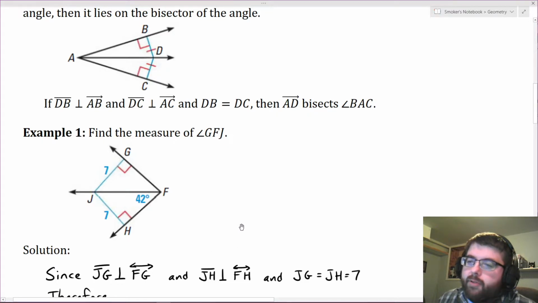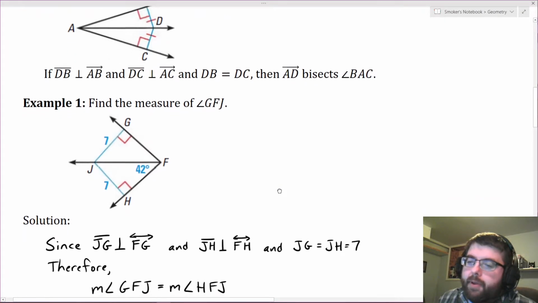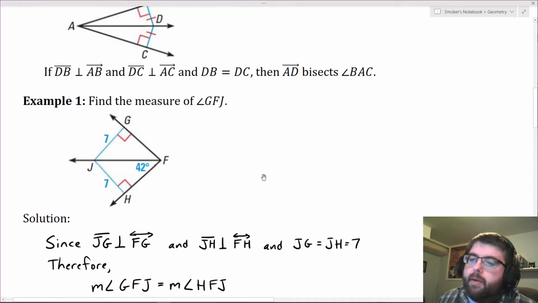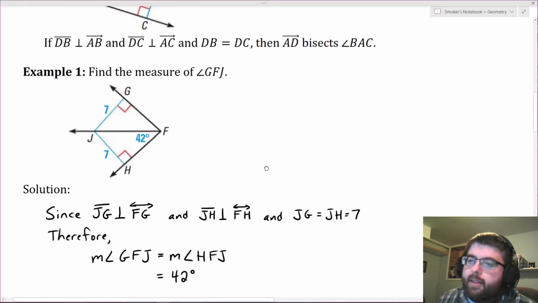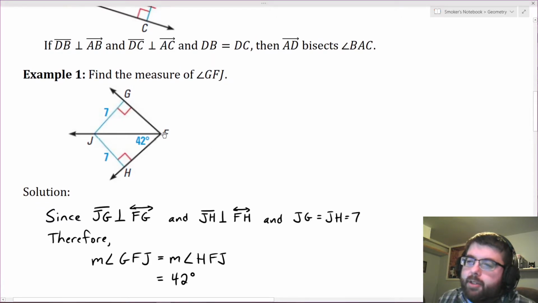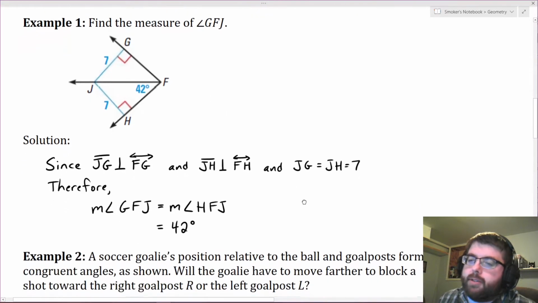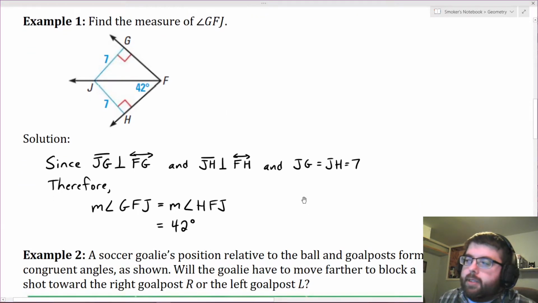Therefore, by the converse, we know that JF is a bisector. And since JF is a bisector, then GFJ, lots of letters here, GFJ must be equal to HFJ, and therefore GFJ, which is what I was looking for, is 42 degrees. Done.